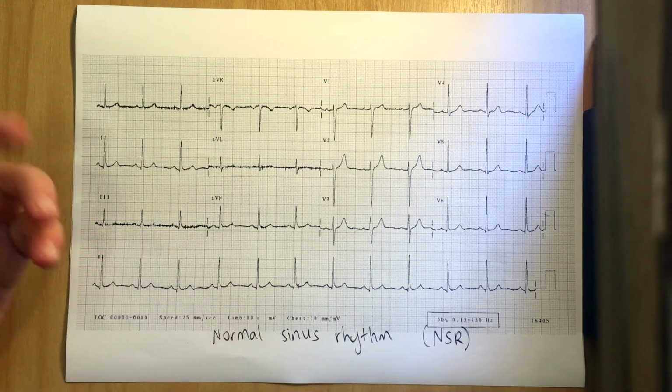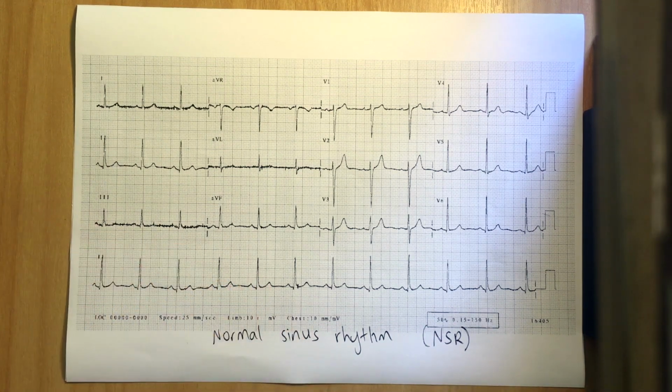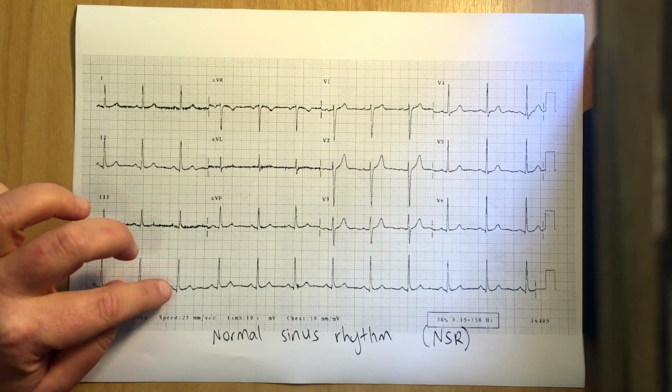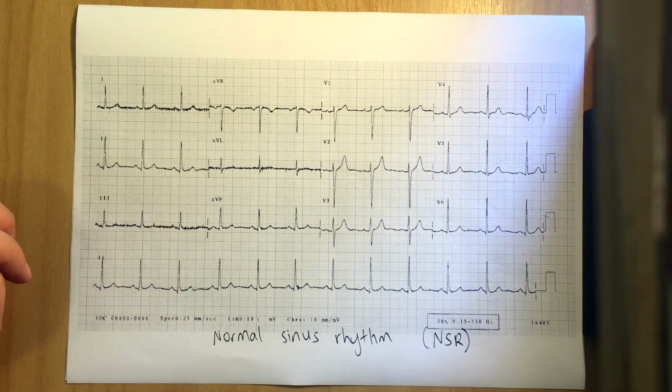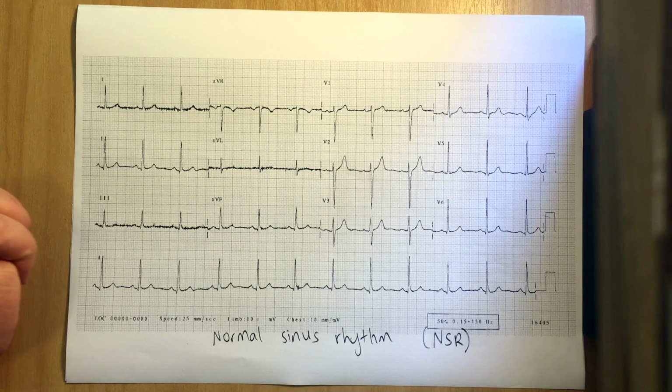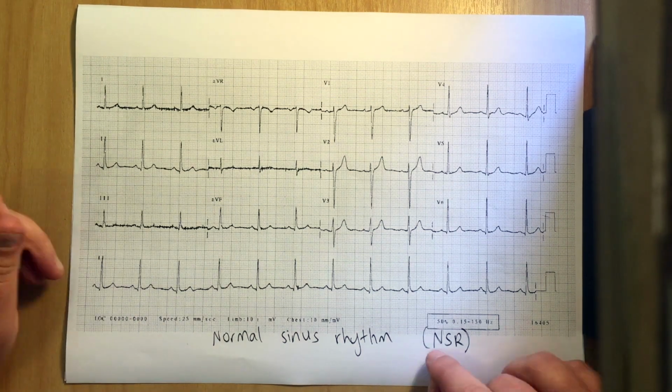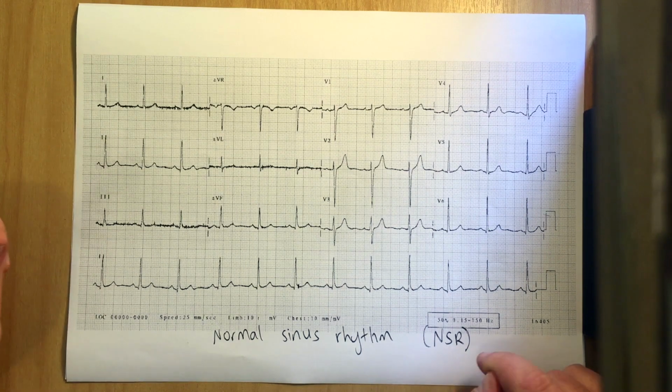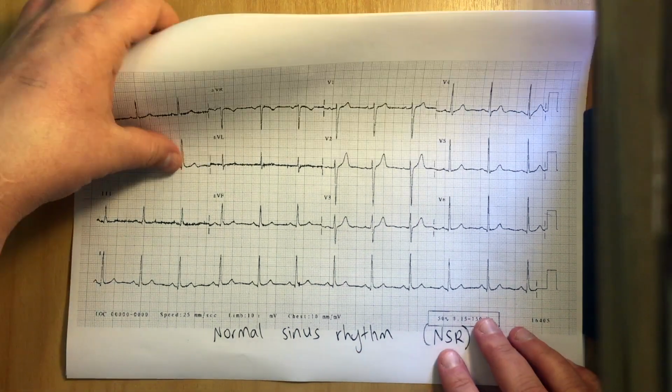It's normal because it's a normal rate. It's coming from the sinus node, the sinoatrial node, SA node. We know that because there are these lovely atrial P waves. In ED you'll often see it abbreviated to NSR, or you can call it normal sinus rhythm.